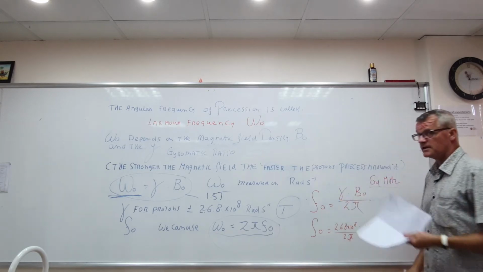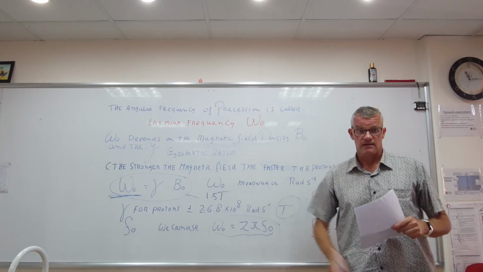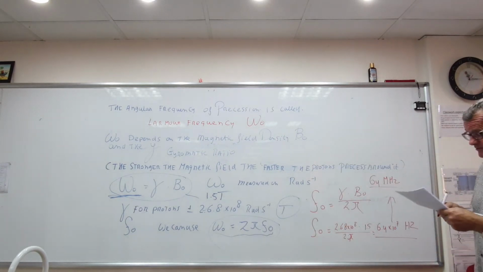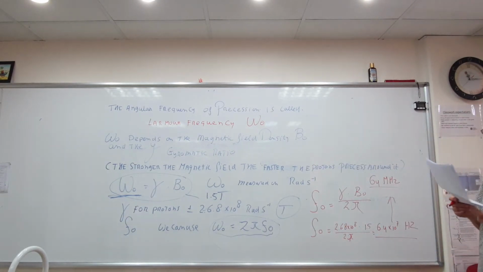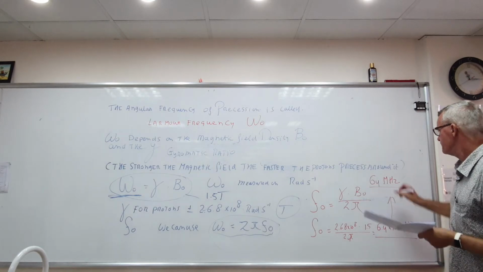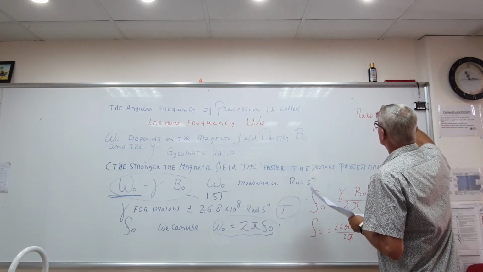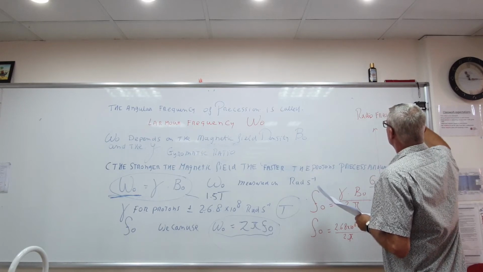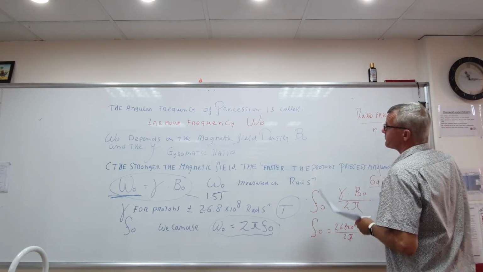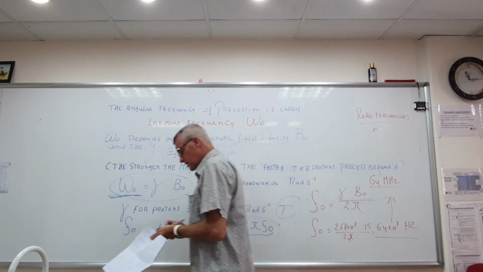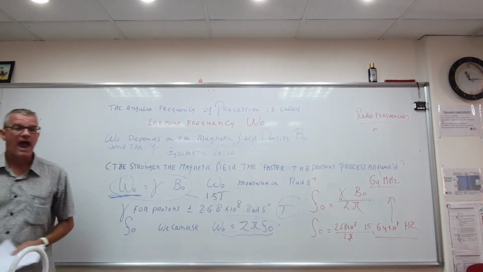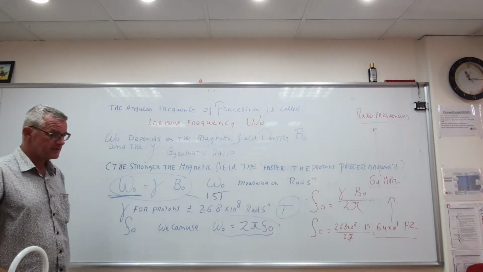Well, if you know electromagnetic waves, the frequency of the electromagnetic waves, this lies in the radio frequencies. Yeah? And that's how, remember we talked about that we use RF radio frequencies.